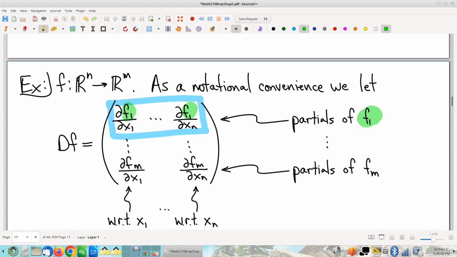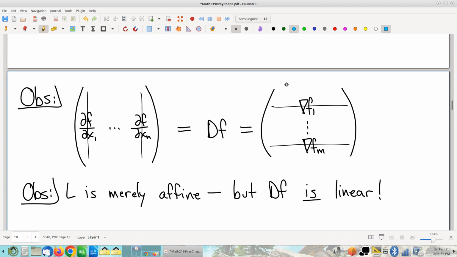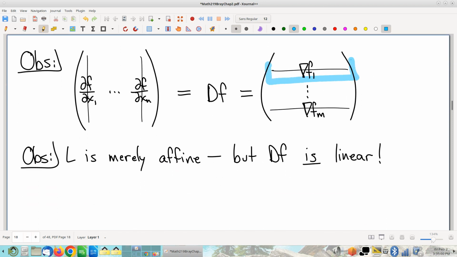And we've already created a name and notation, etc., for where you take all of the different partials of a real valued function. That's a gradient, right? So this first row is the gradient of f1. And then likewise for the other rows, the gradients of the other component functions. Okay, so neat little connections between various different objects.